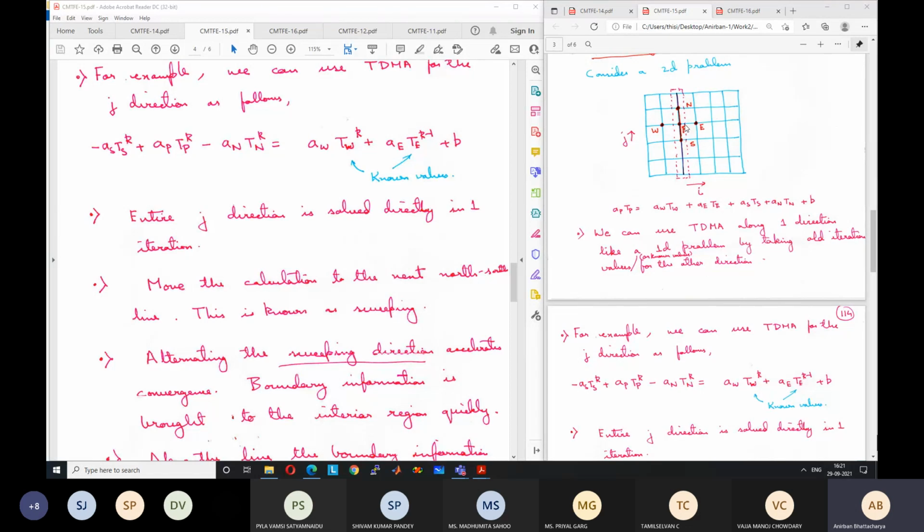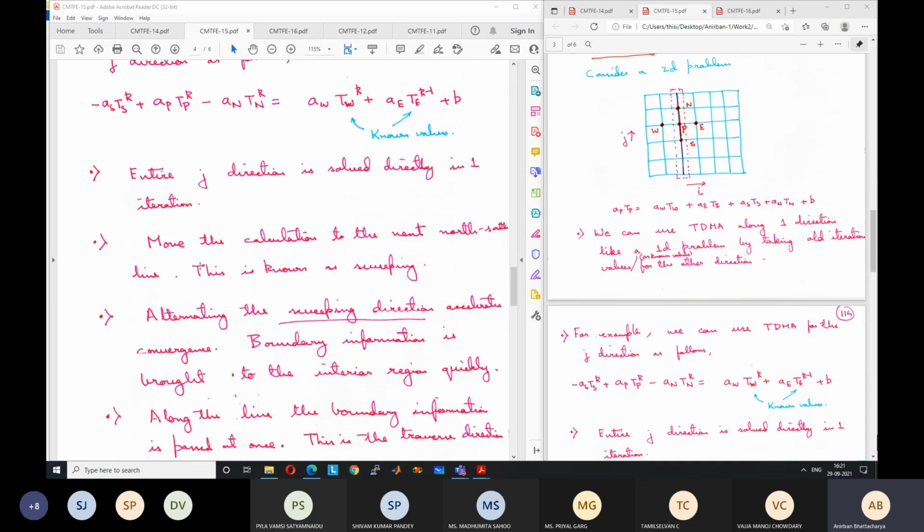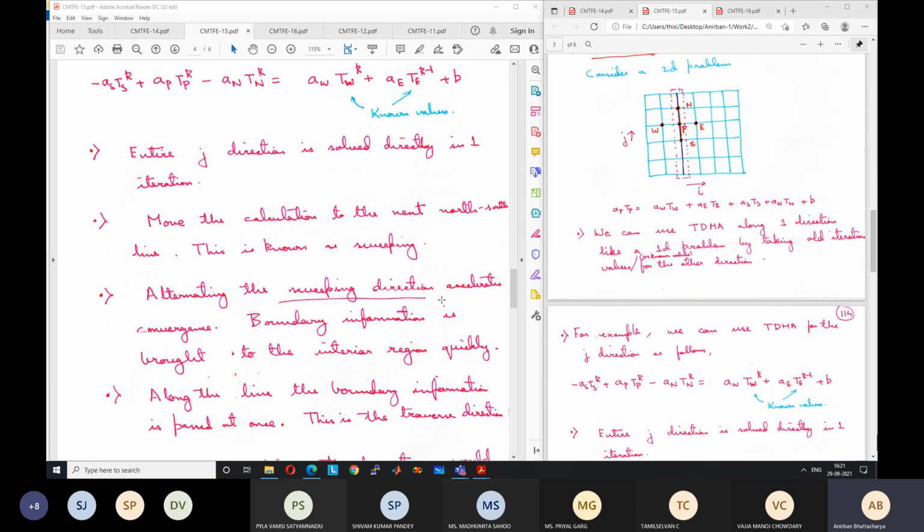When I am going horizontally, it is passing in the horizontal direction very fast. So alternating the sweeping direction accelerates convergence, because boundary information is brought to the interior region very fast.